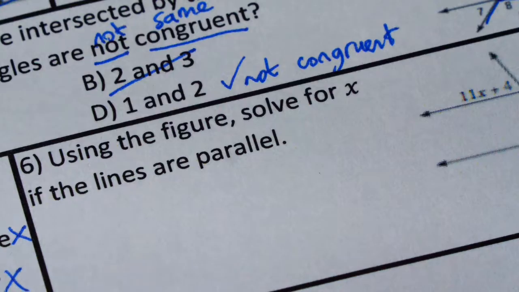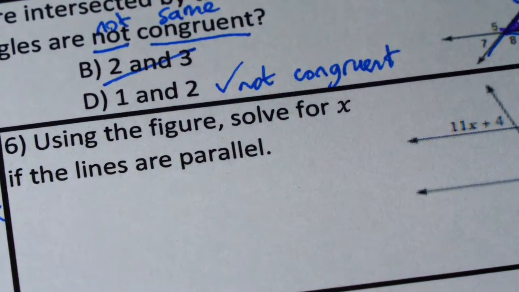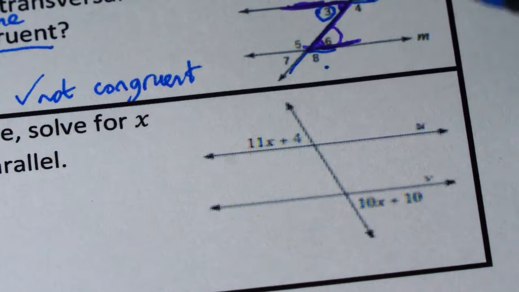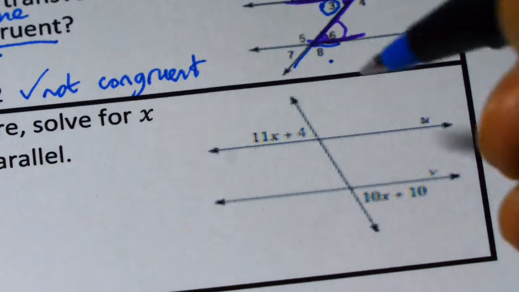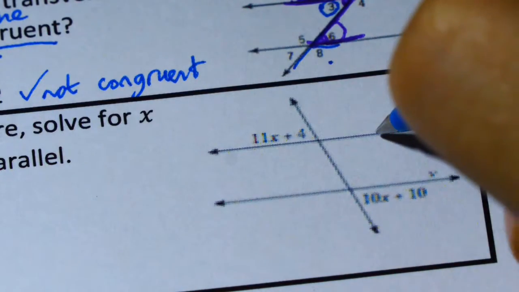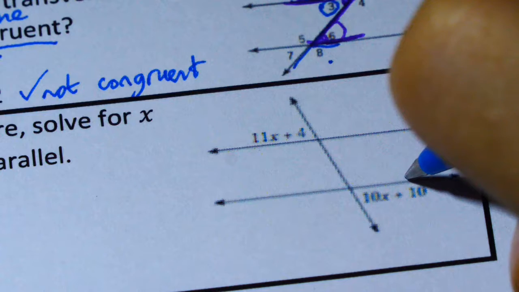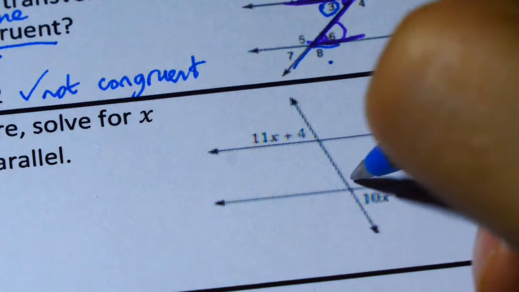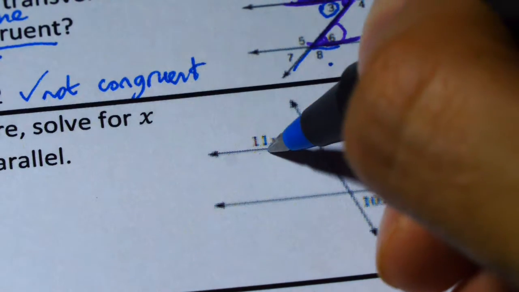Last question, question 6. Use the figure, solve for x if the lines are parallel. Okay, so these lines are parallel. I'm going to draw a Z here.